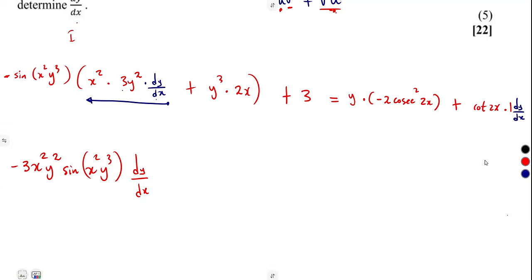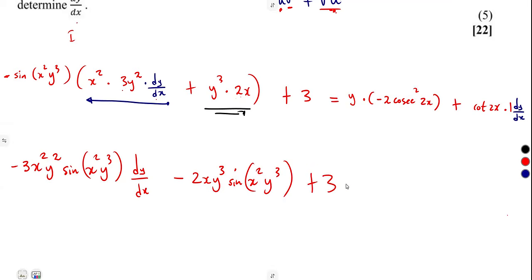So that's the first term. Then you multiply by the second term, which is this one. That's a negative times this, which is negative 2x y cubed. Then you take the sine of x squared y cubed as it is, plus a 3.